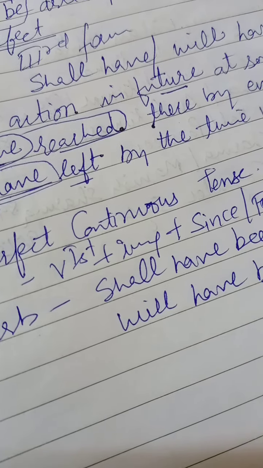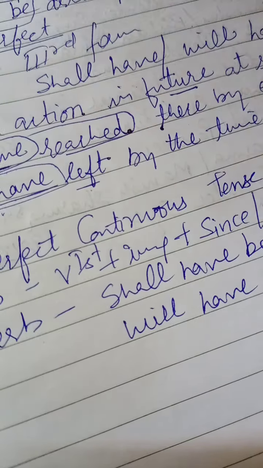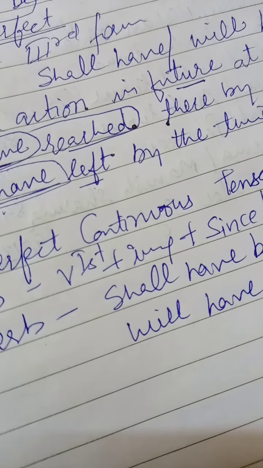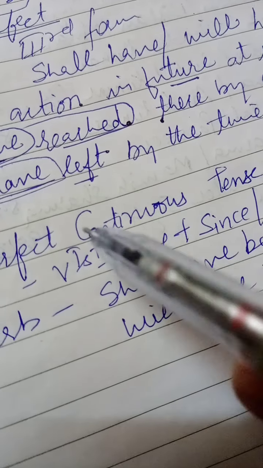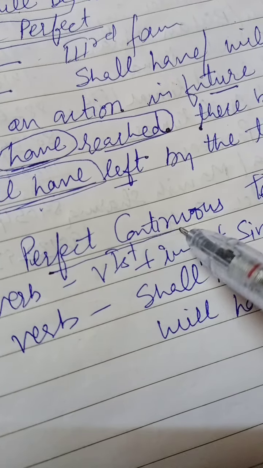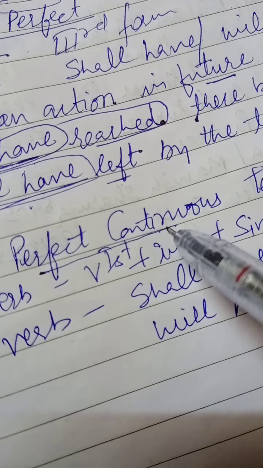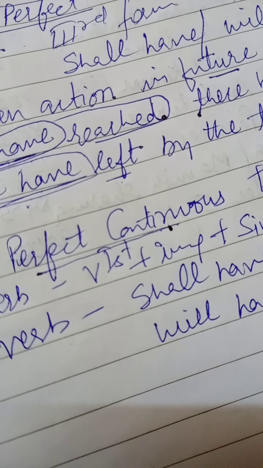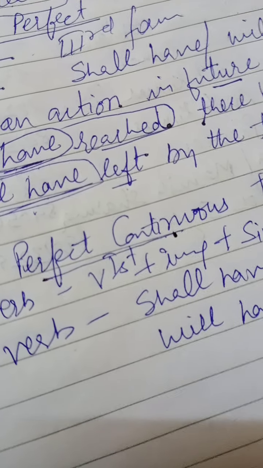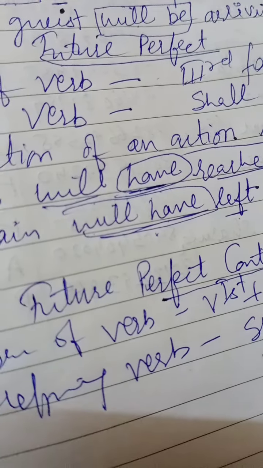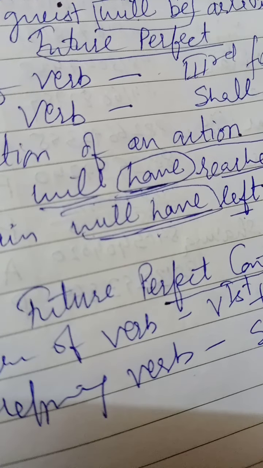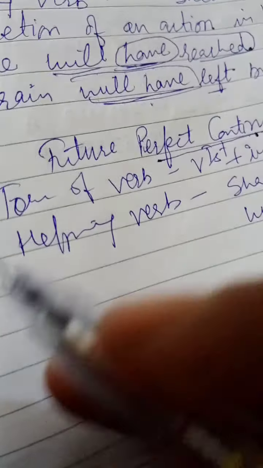action that will be in progress even after a given point of time in the future. Okay, like we have in every perfect continuous, whether it is present, past or future, that some part of the action is already done, okay, and some part still is going on. So anyhow, in this one, this tense we use to describe an action that will be in progress even after a given point of time.